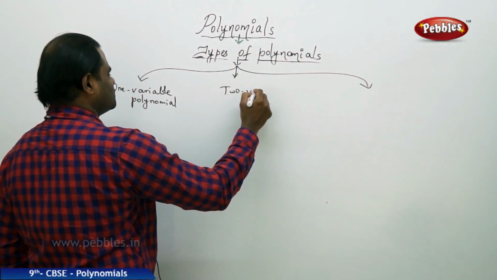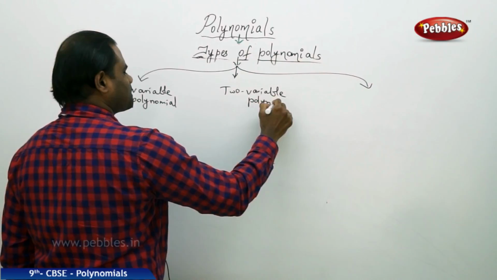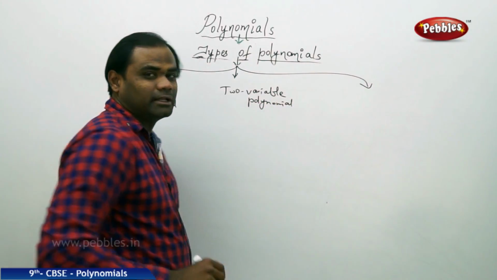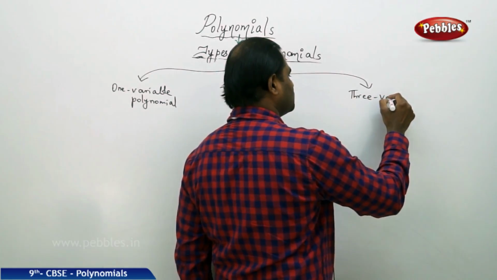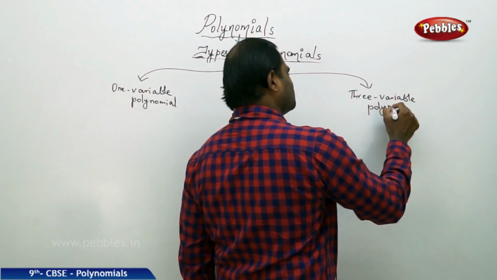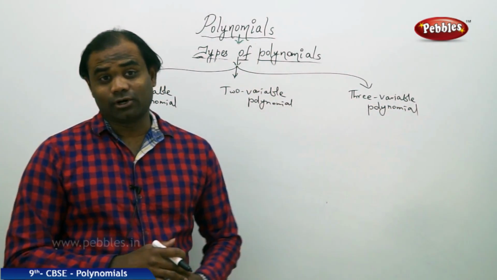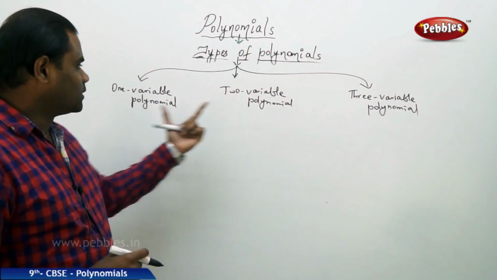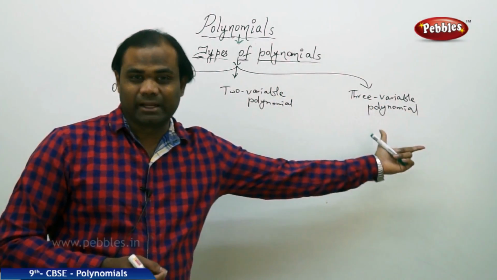The second is 2 variable polynomial, and the third is 3 variable polynomial. So let's see each of the classifications of the types of polynomials: 1 variable, 2 variable, and 3 variable.